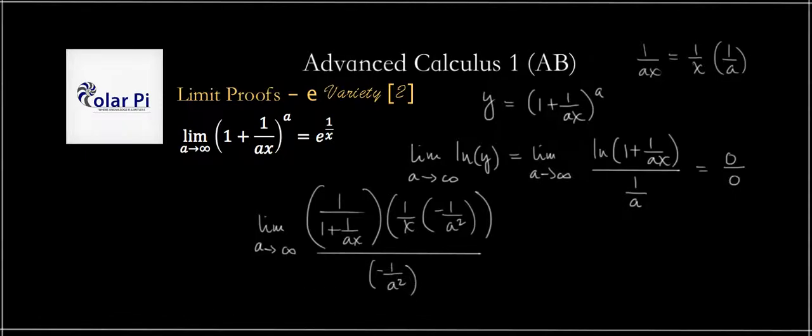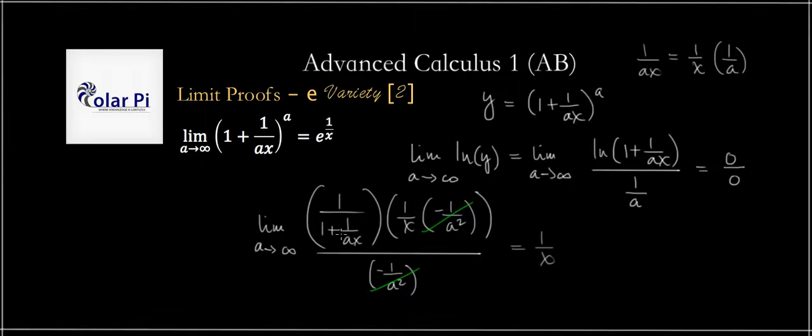Next, we see that we can cancel here and here, and then we evaluate the limit as a goes to infinity. As we already said, this here goes to 0, so this whole thing is going to go to 1 over 1 plus 0, or 1. So we'll have 1 times 1 over x, and then these guys are gone. So that's just 1 over x. This limit is equal to 1 over x.